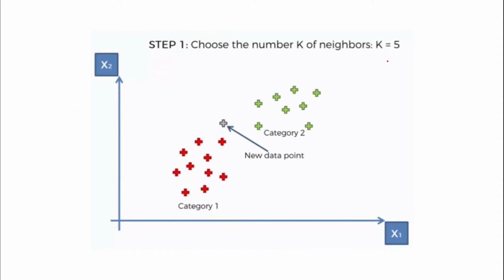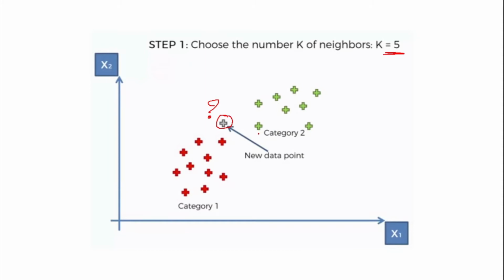Choose a number of k neighbors. Okay, it's 5, and I need to classify which category this data point belongs to. So what I need to do, I have already assumed k is equal to 5. Then I need to find the distance from this data point to all the other data points which are already classified.